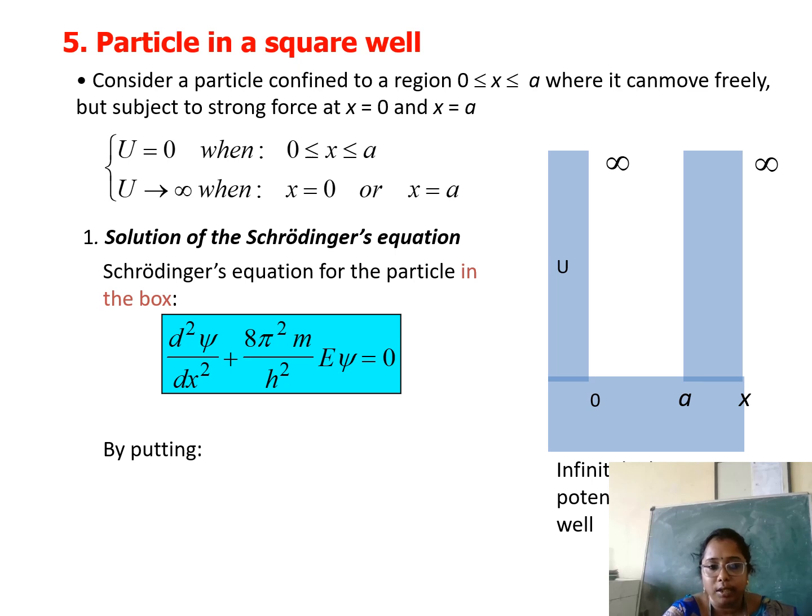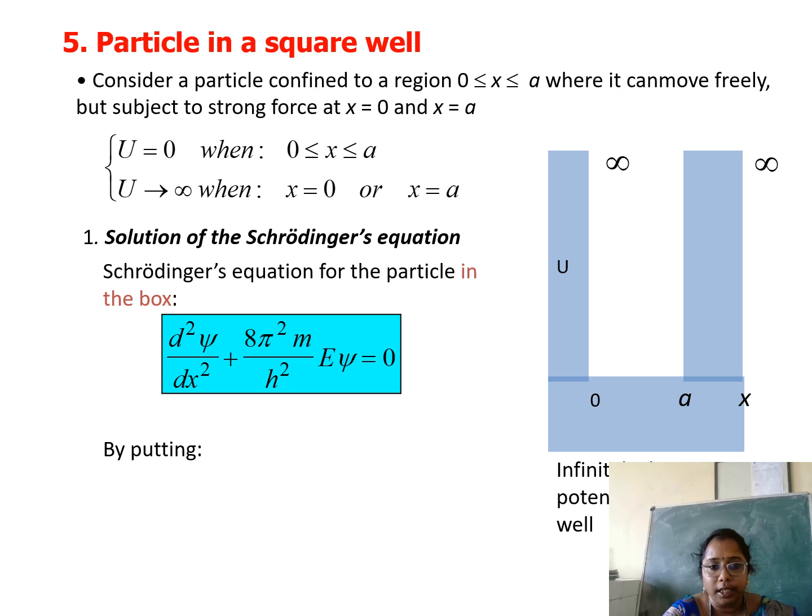Here, if we take the Schrodinger one-dimensional equation, as we know, d²ψ/dx² + (8π²m/h²)(E − U)ψ = 0. But here we can consider U as 0, that is, the potential energy of the particle inside the box will be 0.